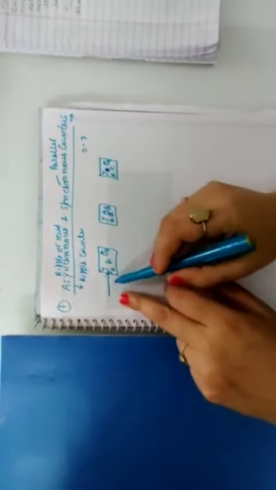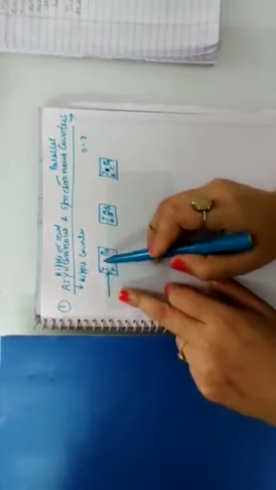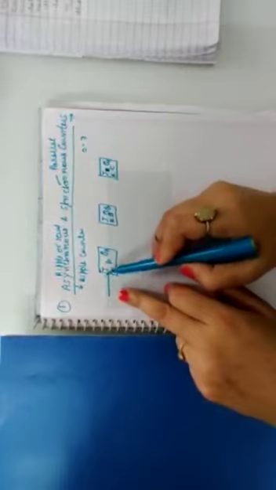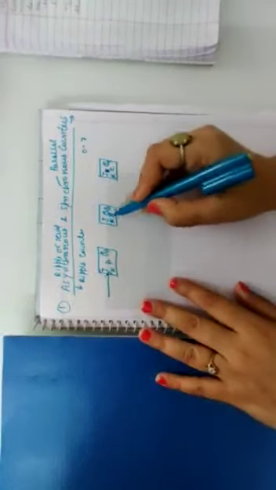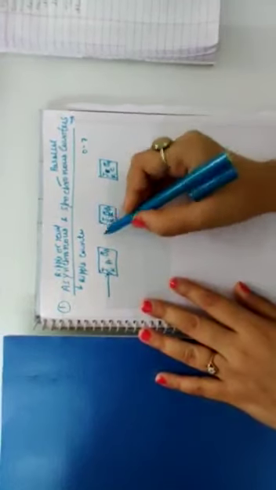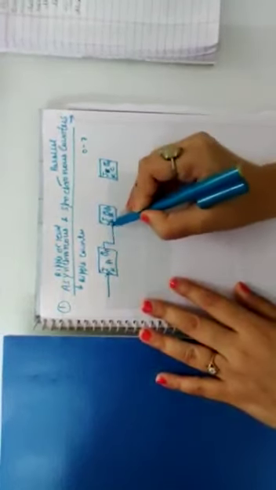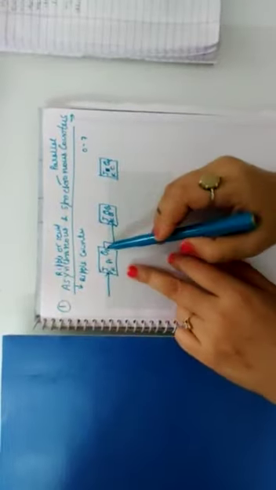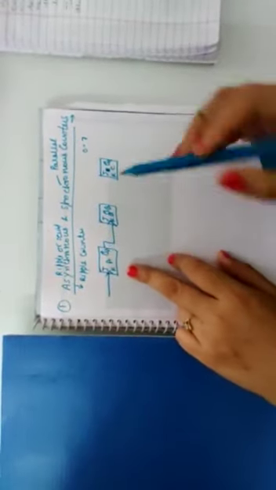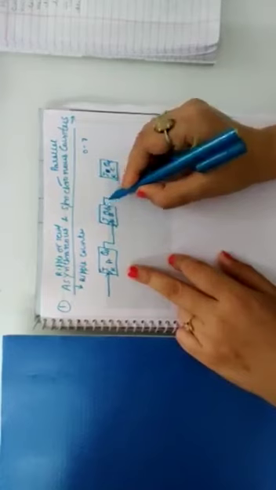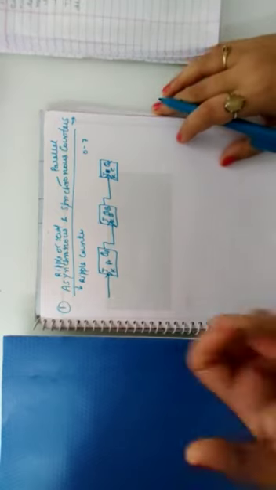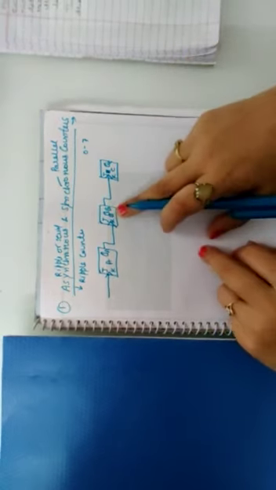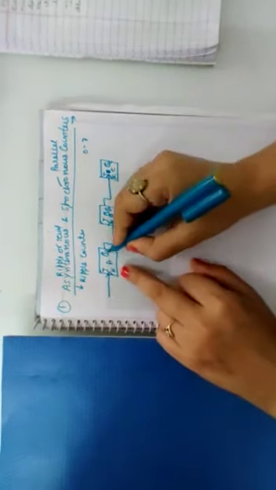For example, for the first flip-flop we give the clock pulse from outside, then the second flip-flop will be triggered by the output of the first. We are not giving the same clock pulse. When the output is generated, it will trigger the second flip-flop, and the third flip-flop will be triggered by the output of the second. Each preceding flip-flop is triggered by the output of the previous flip-flop.